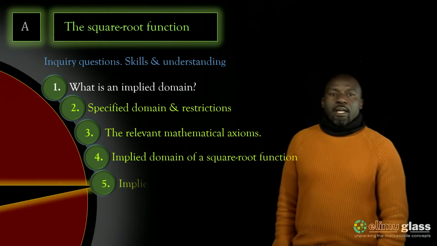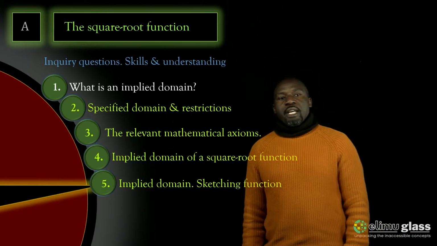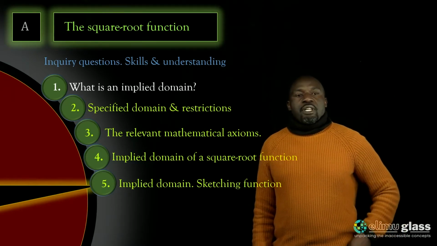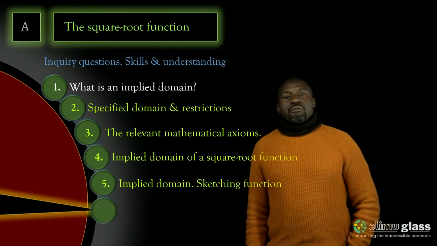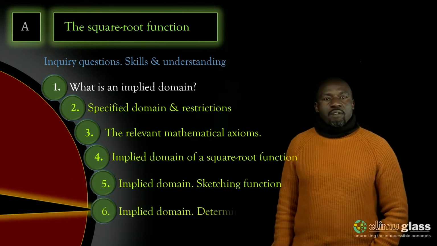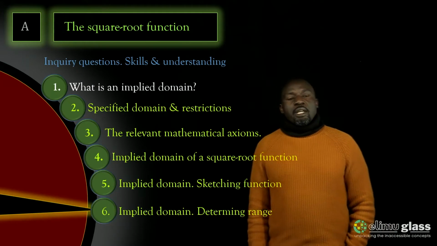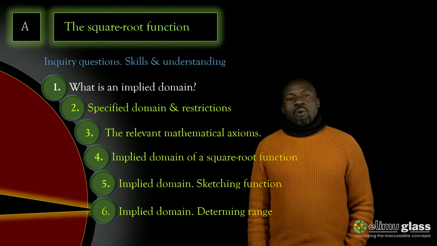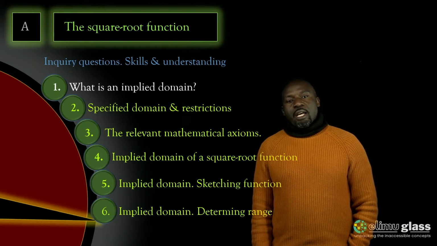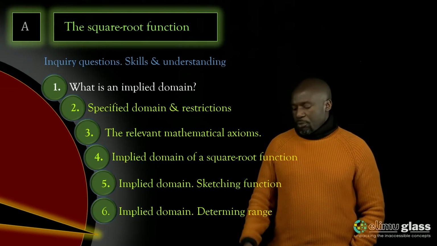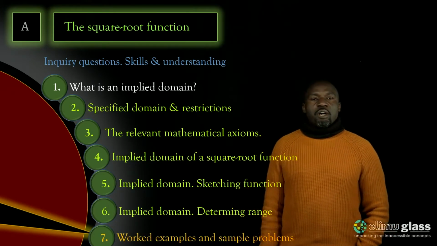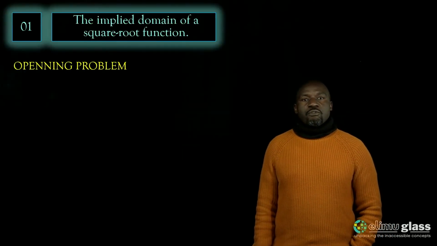How to determine the implied domain of a square root function, how to sketch the function given implied domain, and how to find the range after we have determined we've sketched the graph, all right? And after that, of course, we will look at some questions, and I will put up some for you to try out yourself, all right? So without wasting any extra time, let's move on.